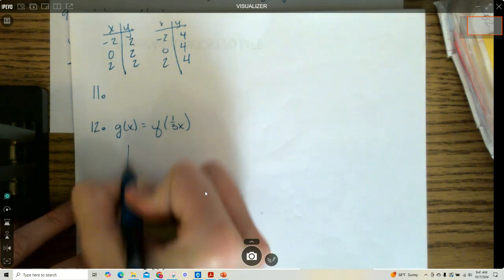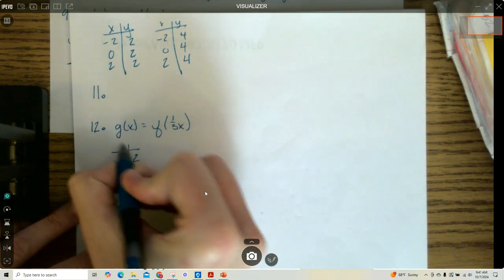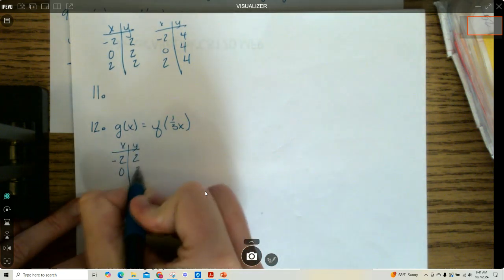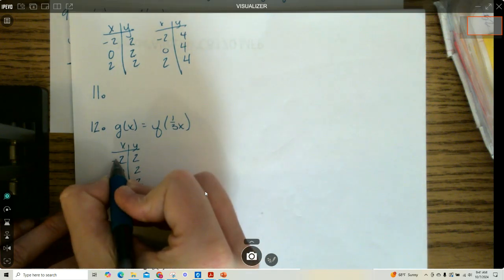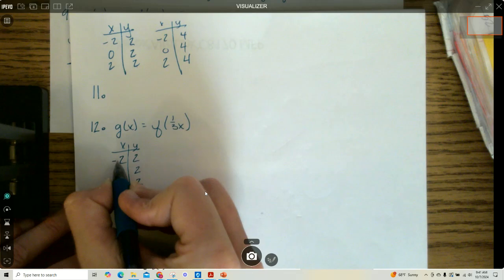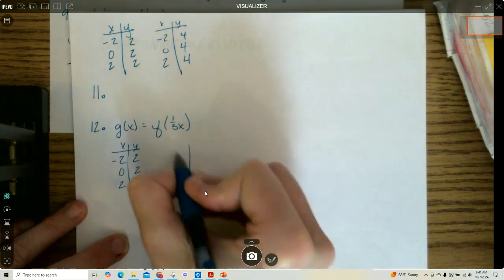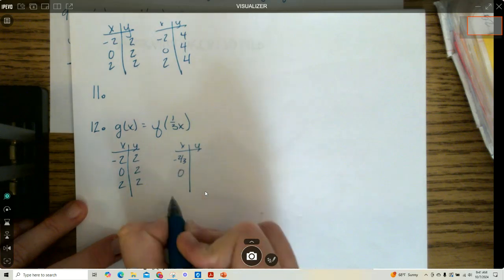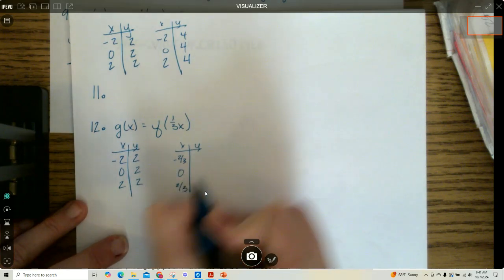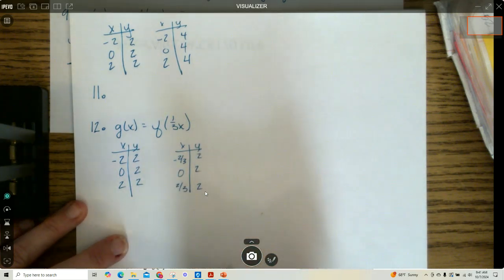There's a point at -2, 2, 0, 2, and 2, 2. Yep. So this time you would take the x values and multiply them by a third. So this would be -2/3, this would still be 0, this would be +2/3, and the y's would stay the same.